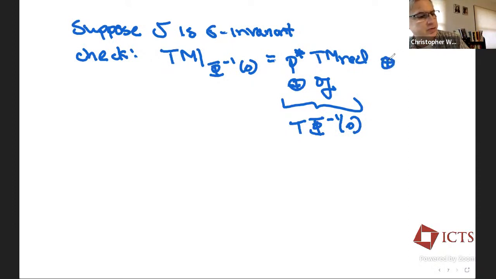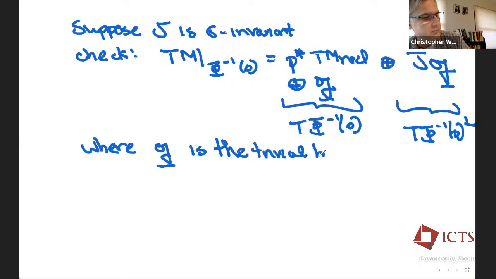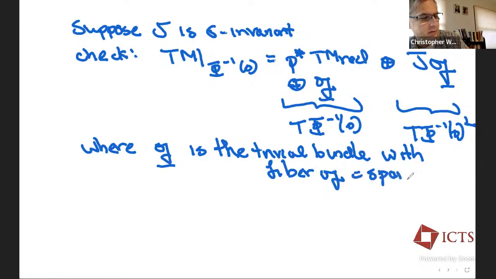But then you can check that the perpendicular to the tangent space to the level set is exactly this J times G. And I should indicate what I mean by these factors of G. I mean that G underline is the trivial bundle with fiber G, which is given by the span of these vector fields generated by the action.